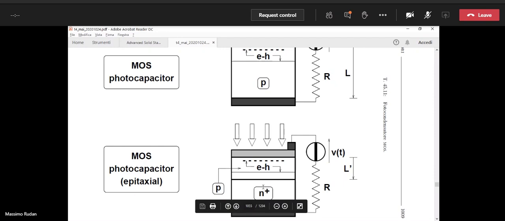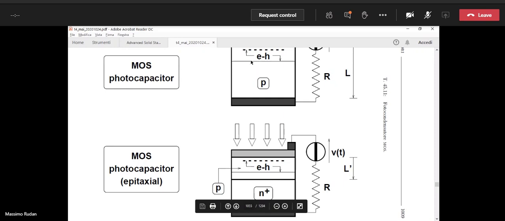At this point, this heavily doped region is like having a contact here, and the electrons are absorbed. What is the difference in the calculation between the first example and the second example?